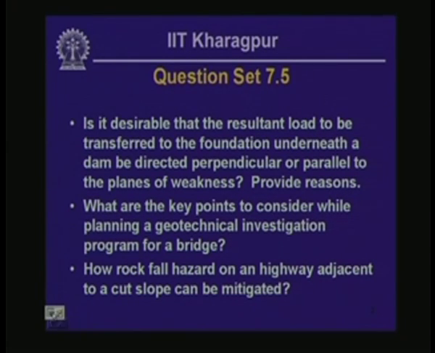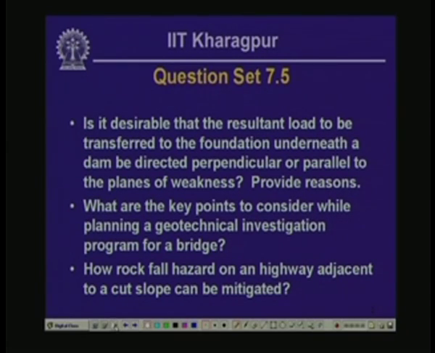Now let's look at the configuration in order to recapitulate the subject matter of the previous lesson. So let's say we have got a gravity dam which is like this. The cross section of the gravity dam is like this, and we have got water retained on the left side of the gravity dam.